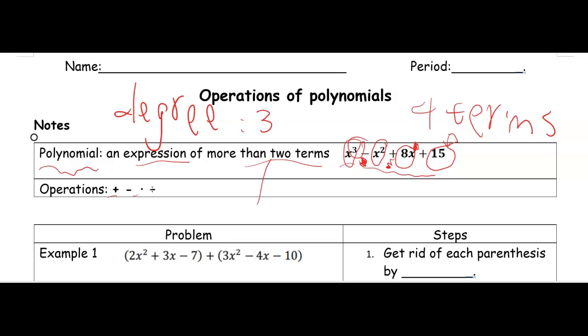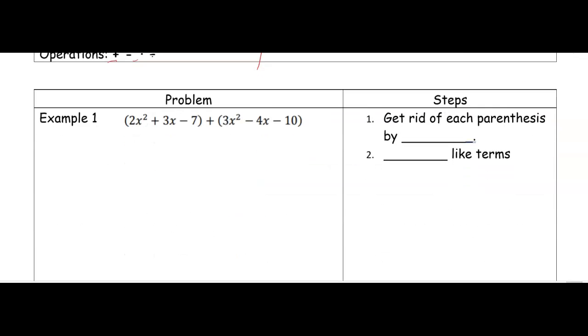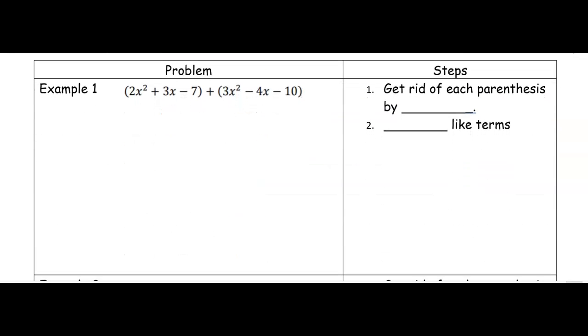Now let's do the operations between polynomials. Let's look at the first example. Actually, we have seen this, we have done all of these problems before, but this time we have longer polynomials and operations between them.